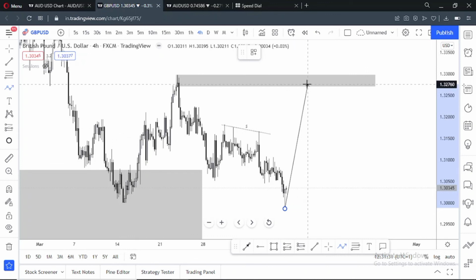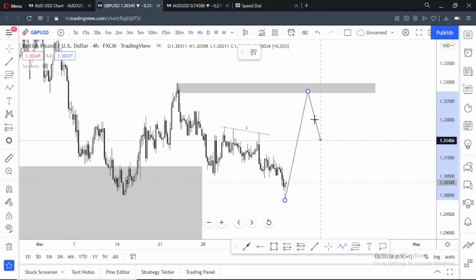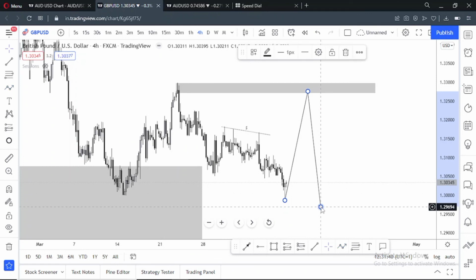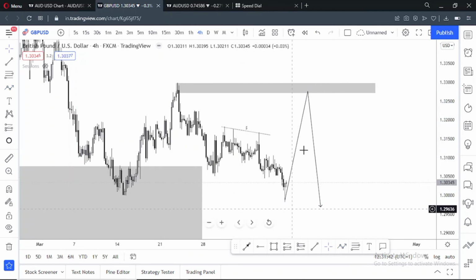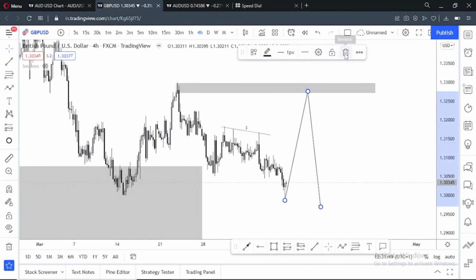Then when price reacts from here and drops, they'll tell you it's market makers and stop hunts, all this type of stuff. So basically this is what I'm expecting: a pullback, then maybe a drop. This is my expectation, not what price should do.